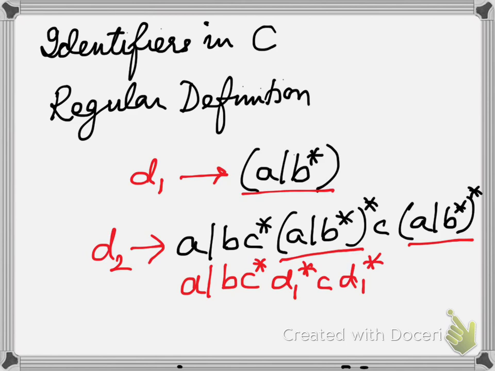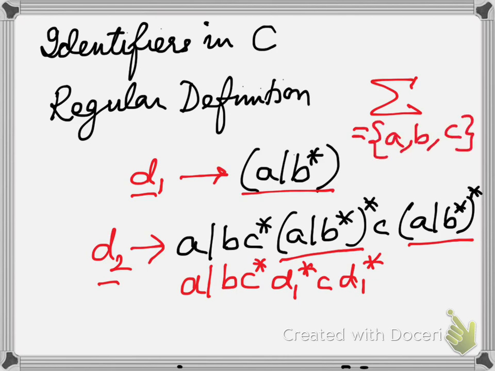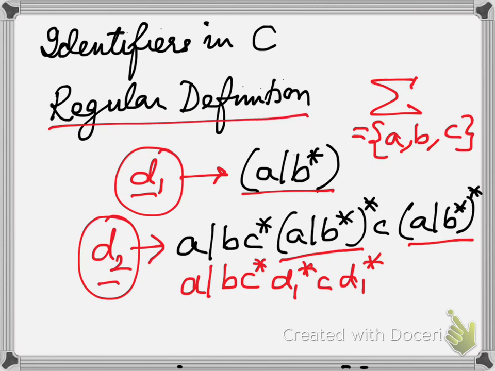So the symbol D1 which has been added is added only for the convenience of writing the expression. It has no other purpose. And these symbols D1, D2, they do not appear in the alphabet of the language. So these are symbols which are added in addition to the symbols which are there in the alphabet. So in our alphabet here I have A, B and C. So we extend this alphabet to include the symbols D1 and D2. Okay, so these are known as your regular definitions.